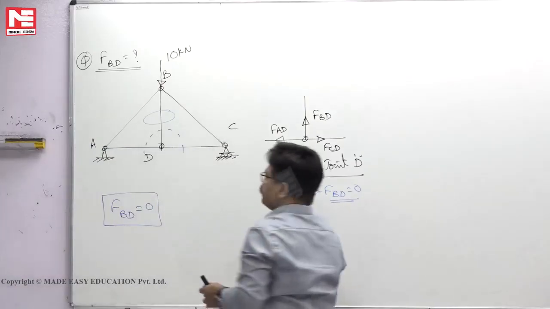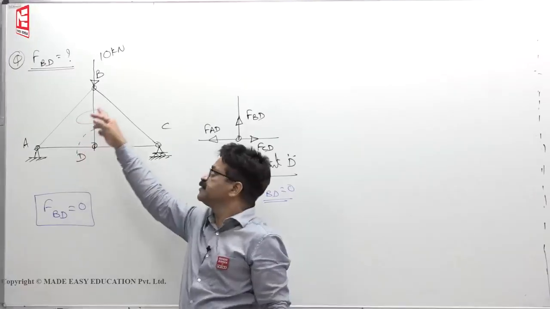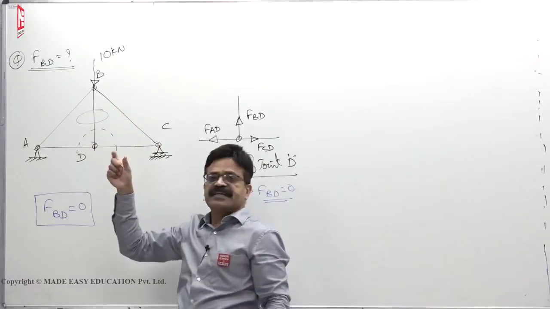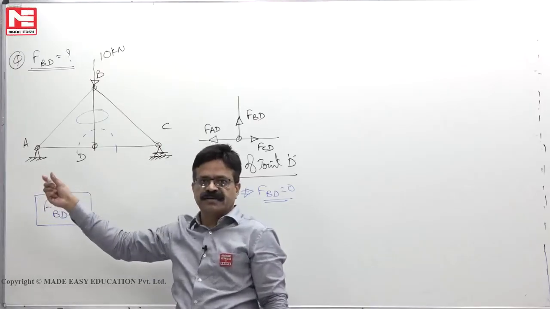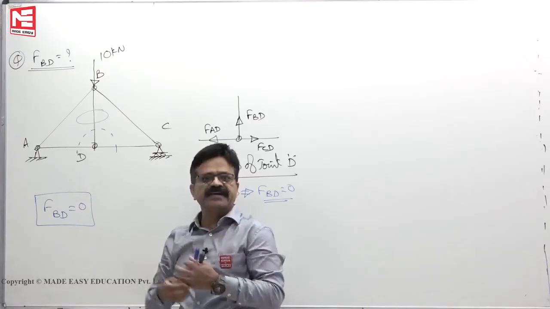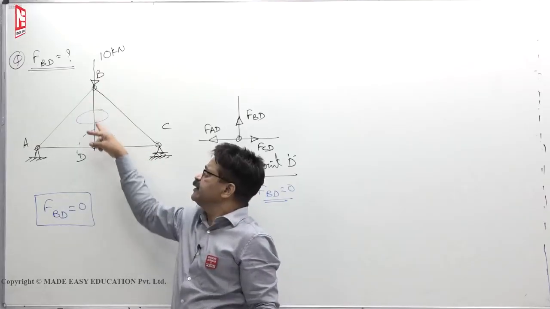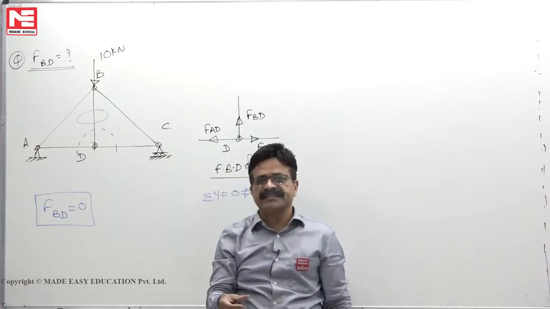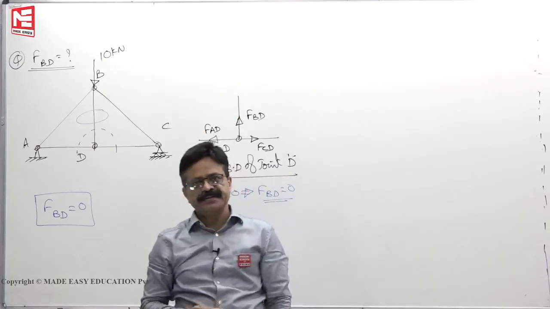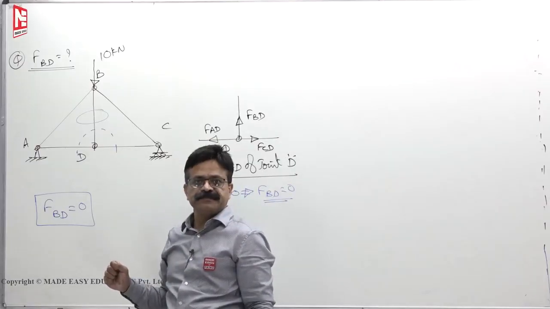If force in the member BD is 0, these are generally in the steel structures we study again. These members can be channel sections or angles, I sections, like different standard steel sections are there, we use them. This means the force in the member is 0, but you are putting one angle section or channel section, say. So much of money is wasted because force is not there, but still we have to use it.